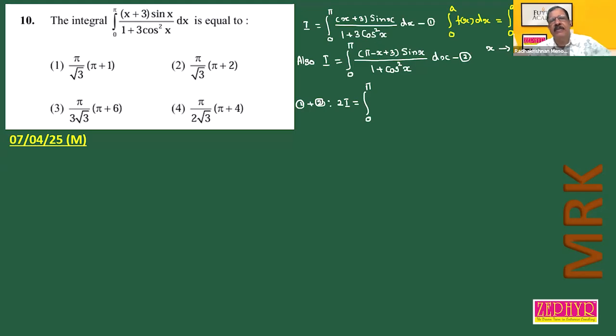So minus x and plus x cancel ആയി പോയി. You are getting pi plus 3 plus 3, that is 6. കാരണം x പോയി into sin x divided by 1 plus cos squared x.